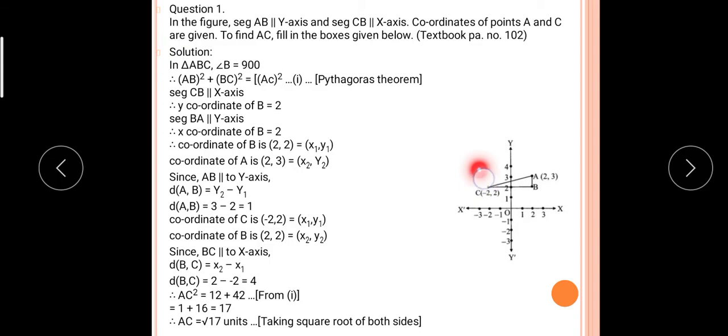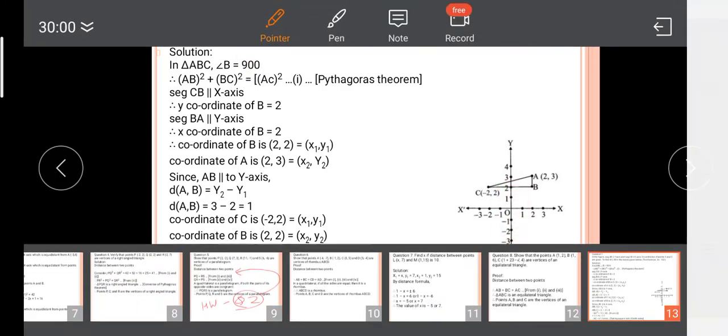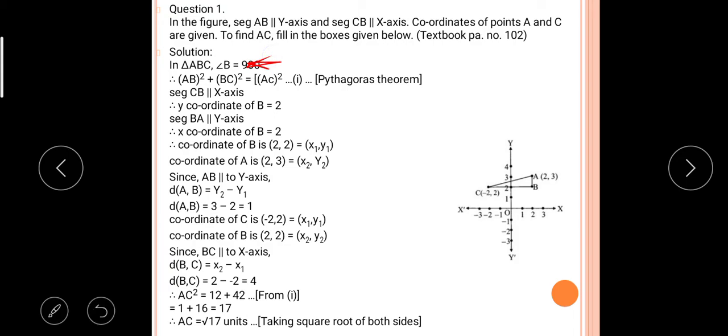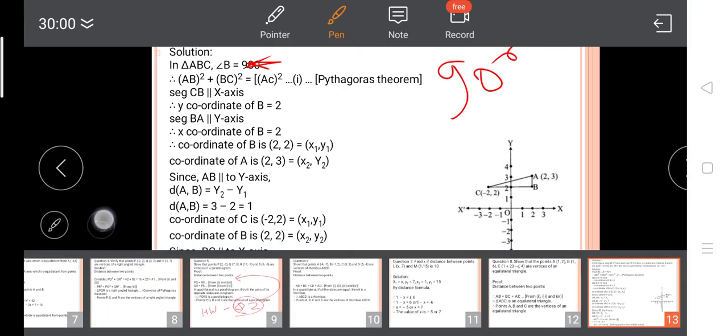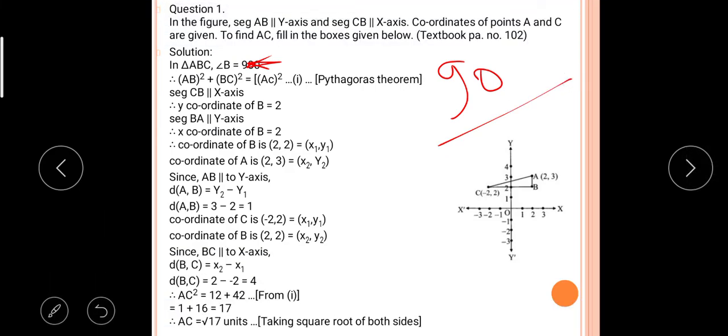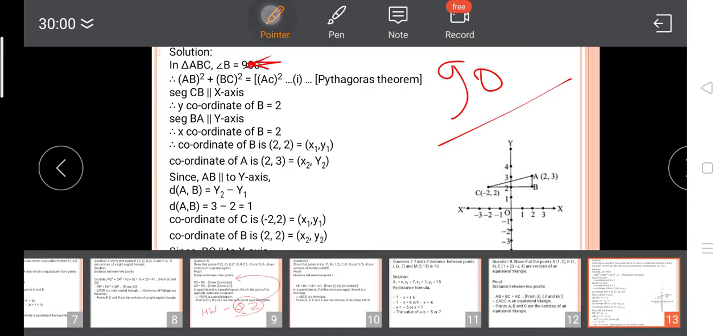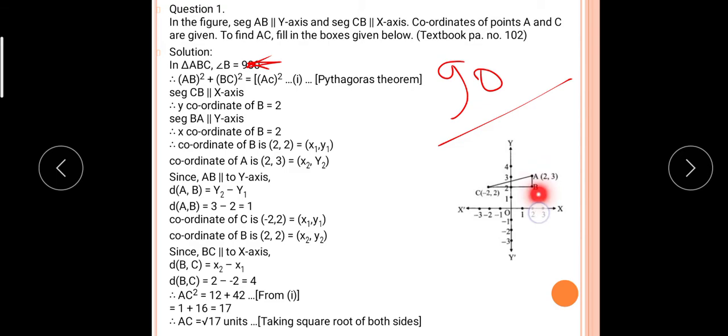If you know all the vertices of a triangle, and this is a right angle triangle, because this is 90 degree, then you can easily get the coordinate of B, that is (2, 2). Now how to calculate it?